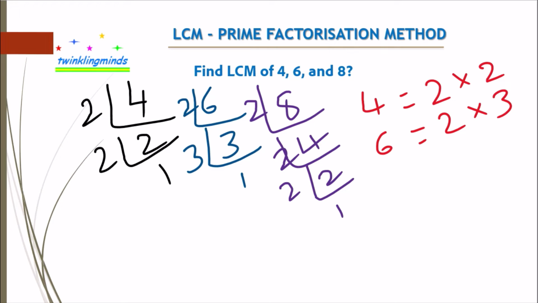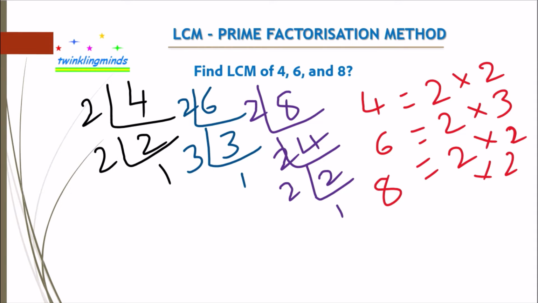For 8, what we have got, 2 multiplied by 2 multiplied by 2.